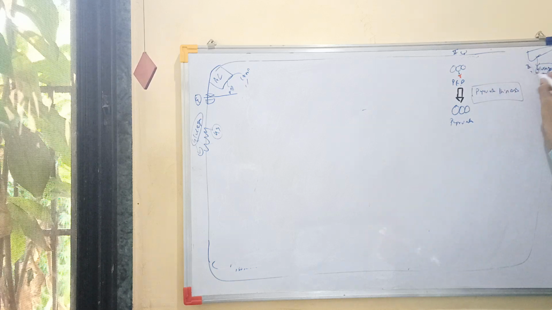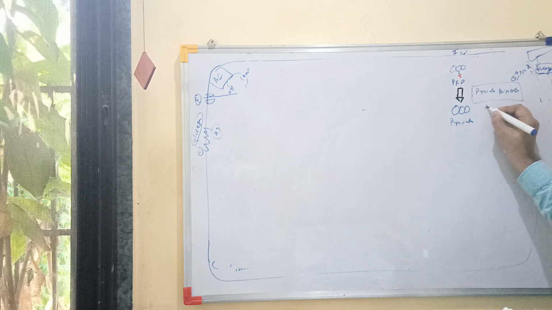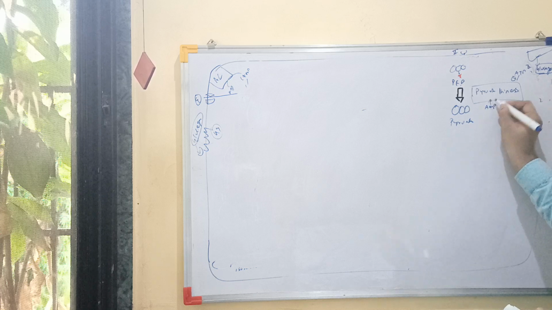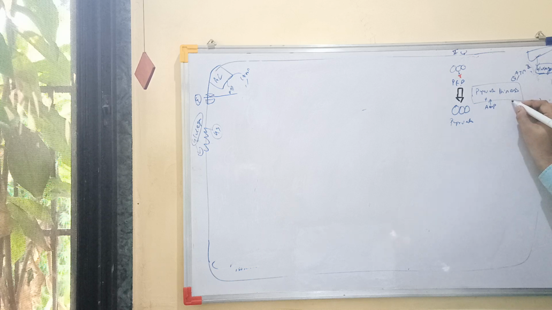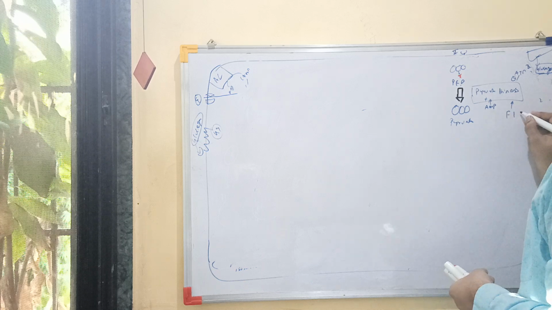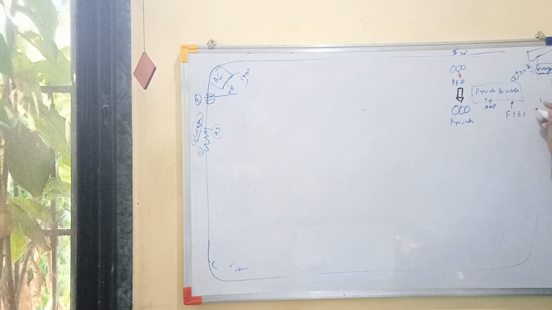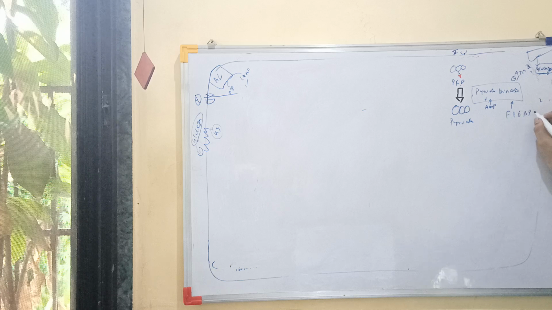ATP is an inhibitor. Then AMP is a positive regulator, and there is one more molecule which we have studied in the past, fructose 1,6-bisphosphate, which also comes and positively regulates this enzyme.